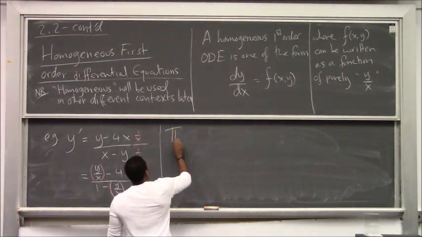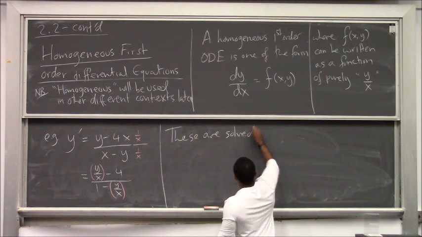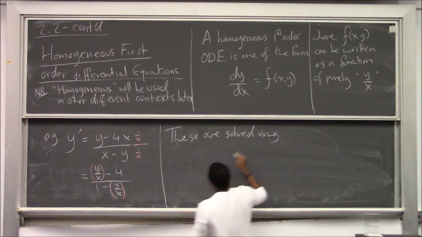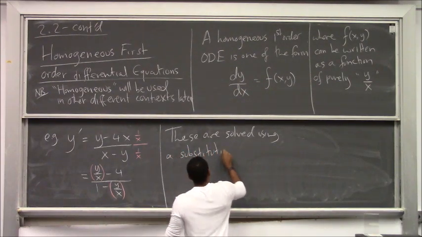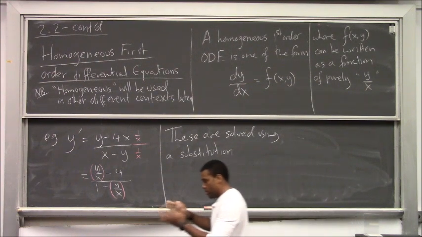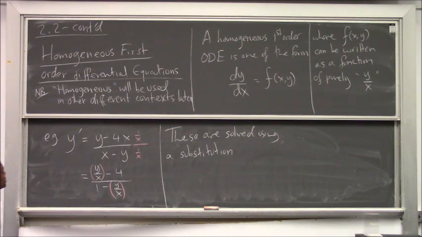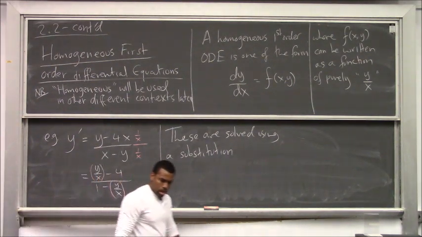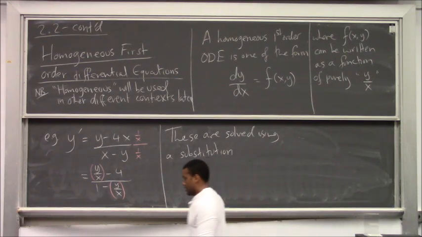Now, these are solved using a substitution. I'm going to slowly work through this one and show you how the substitution works, then I'm going to give you a summarized version of how to deal with these homogeneous equations, then we'll do a couple more examples, and then we'll move on.